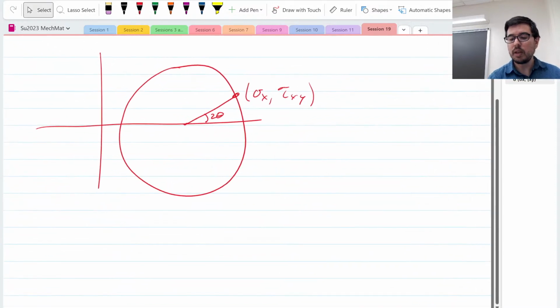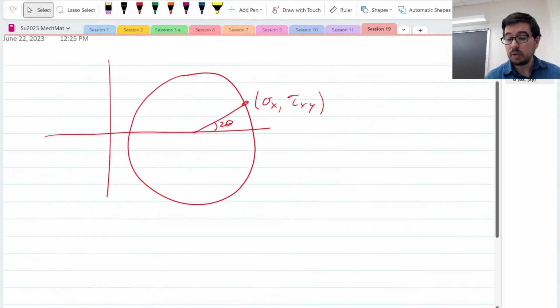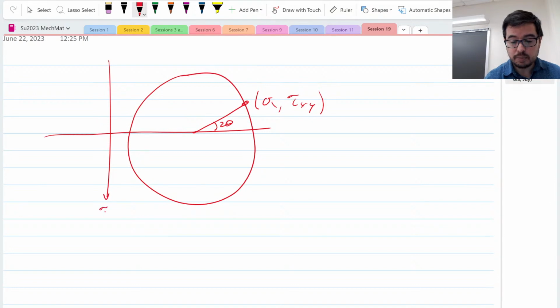You've got a 2 theta. This is really poorly drawn, and actually even more poorly drawn because this is minus tau x. Well, it could be your tau xy if it's negative. It's fine. In real numbers, it's a negative value, less than 0.